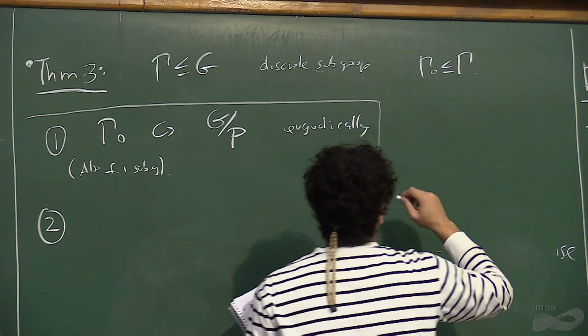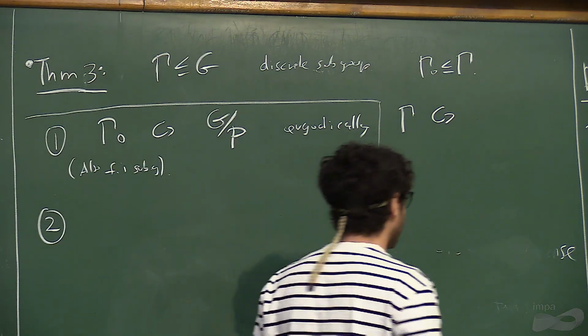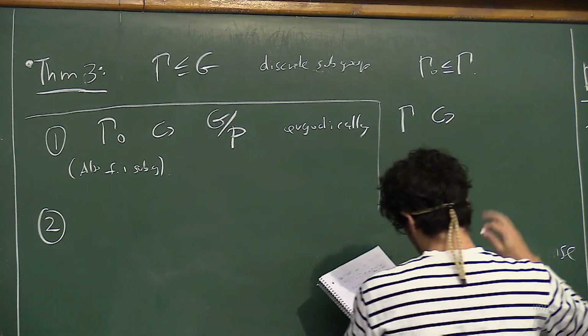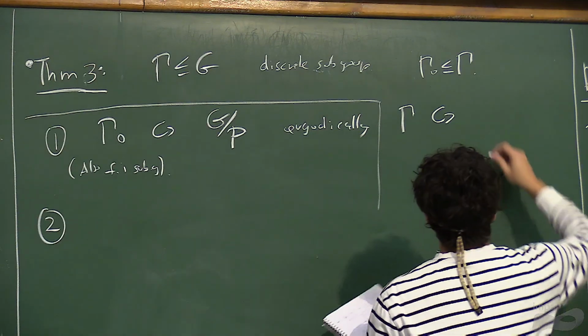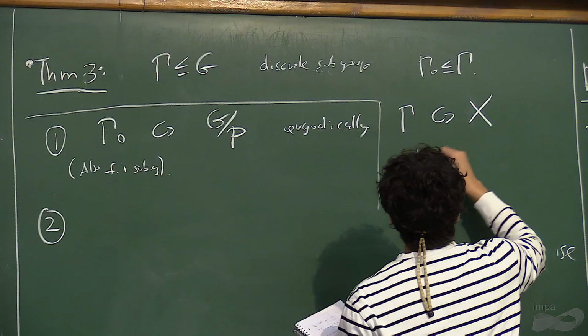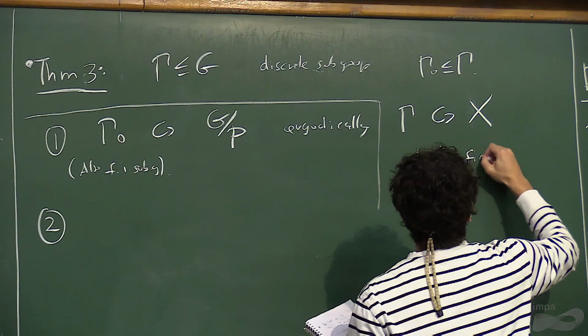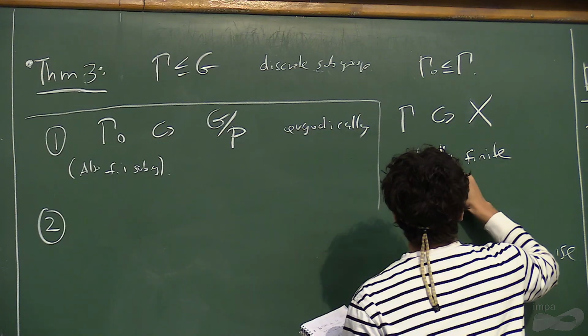The second assumption is that we have gamma acting on some building. Let's say it's a tree. So gamma acts on X, a locally finite Euclidean building.